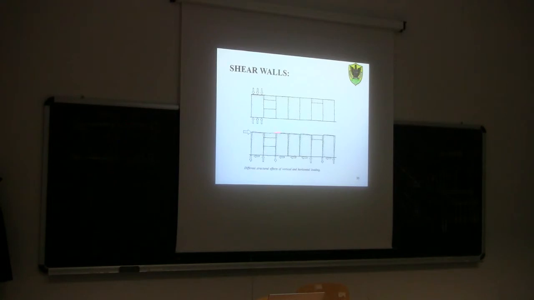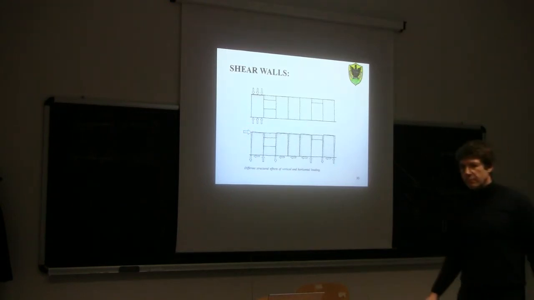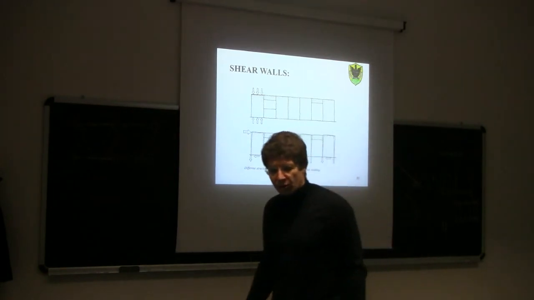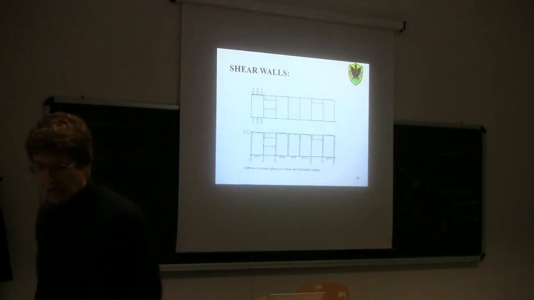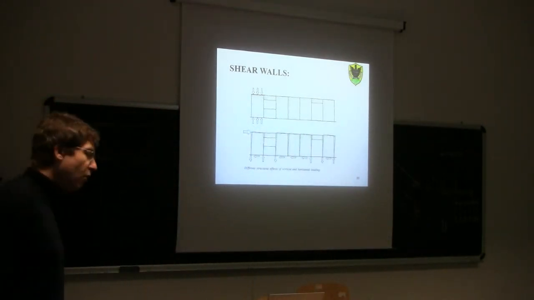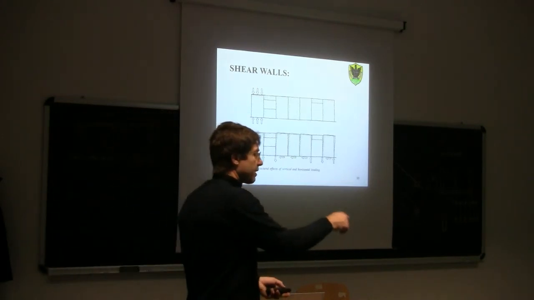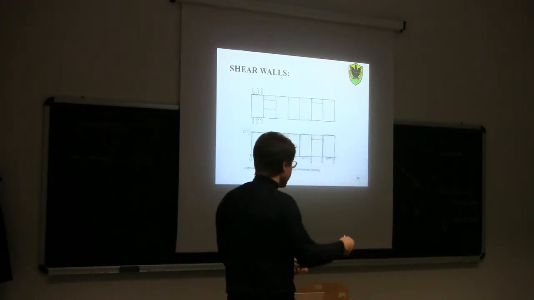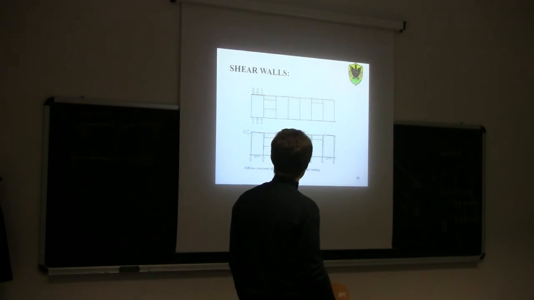However, if we apply a horizontal force, all the walls, as you can see, will react to this horizontal force. So the walls are all resisting under lateral forces, while only the wall placed underneath the vertical load is reacting to the load itself.